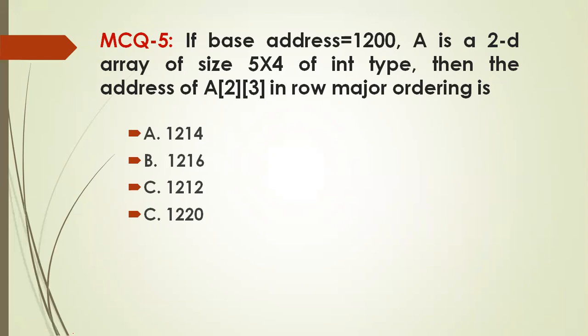Each row has how many values? 4 values. The first four locations will be 1200, 1202, 1204, 1206, over. Second row 1208, 1210 and 1212, because second row third column address will be 1212. The correct answer is C.